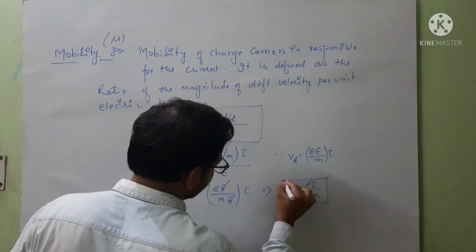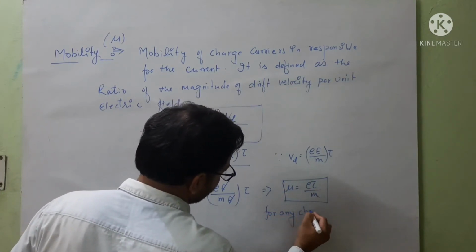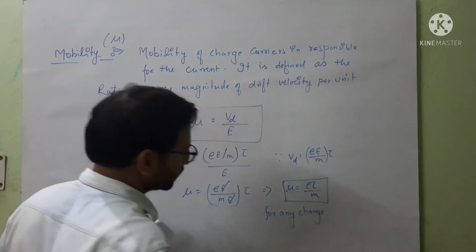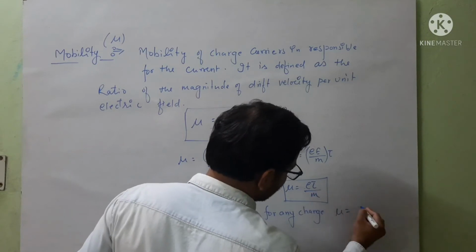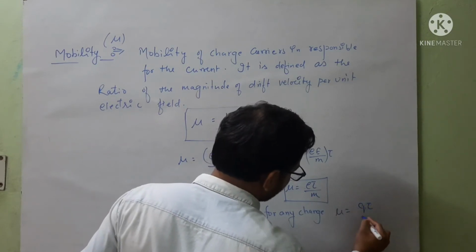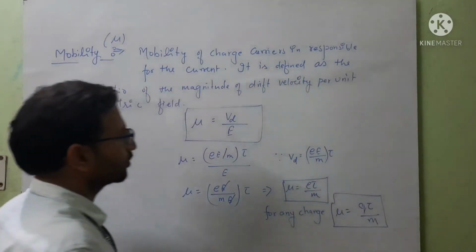This is for electron. For any charge, if you want to write, in place of E I will write q tau over m. This is your mobility formula.